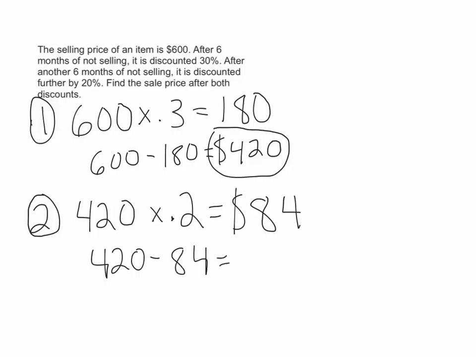That's going to leave you with 336. So 336 is going to be the price after the second discount, where they took 20% off of the already discounted 420. So it's a two-step problem, and it leaves you with the first discounted price, $420, and the second discounted price, $336.